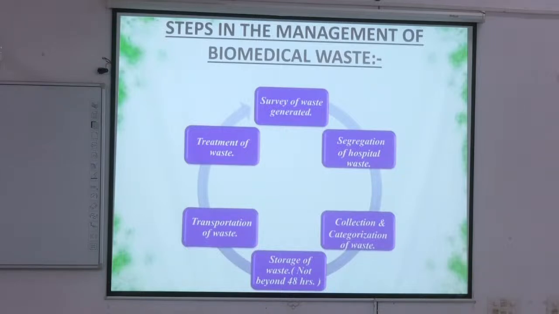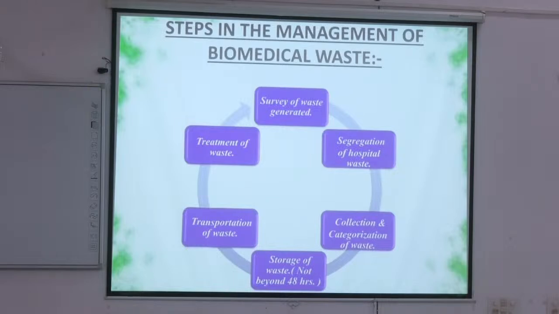Okay, and after the waste has been generated, at first you have to categorize. Categorize means if it is infectious or non-infectious, if it is biodegradable or any plastic material, if it is sharp, like that you have to categorize.